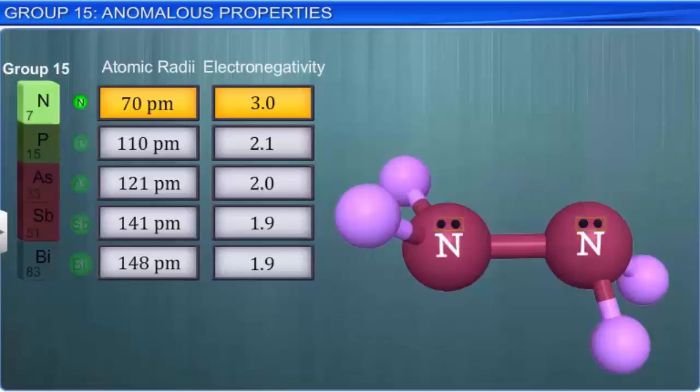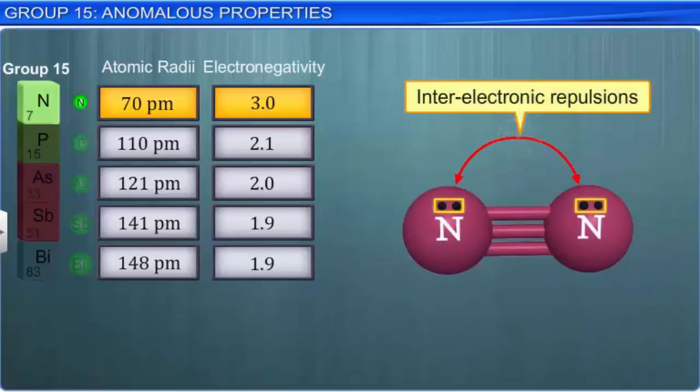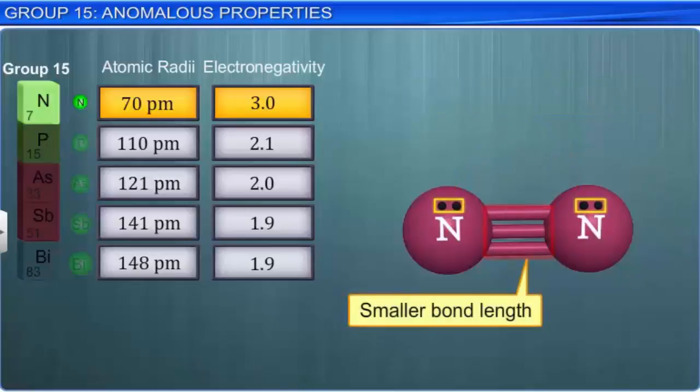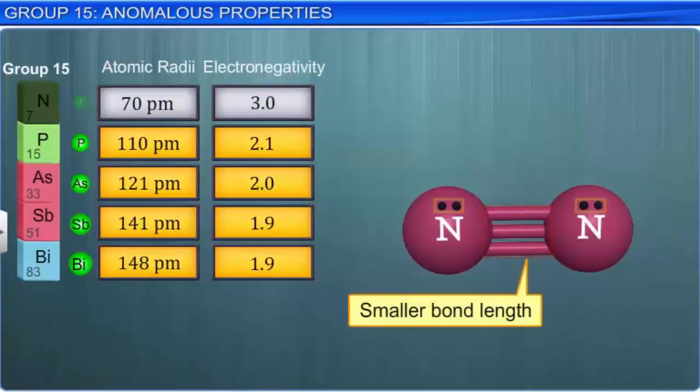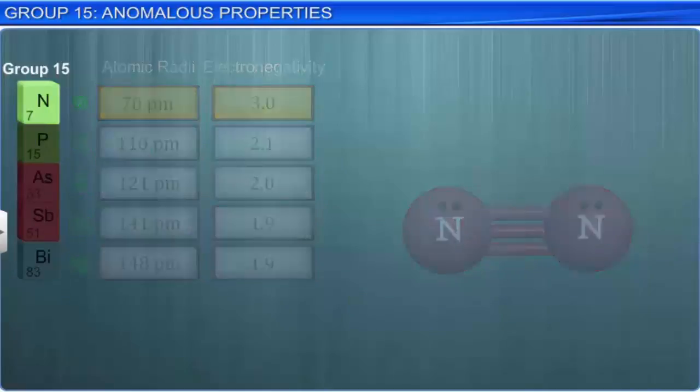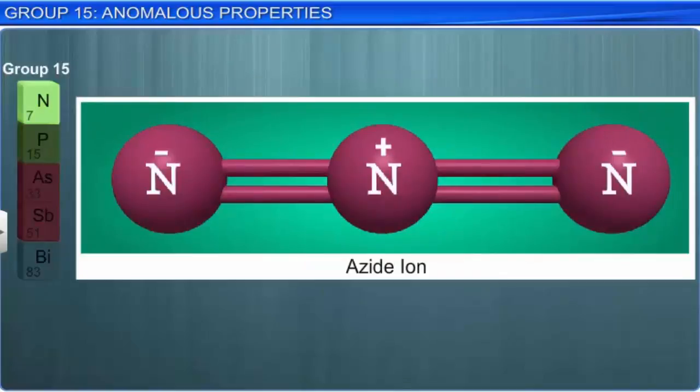The high interelectronic repulsions in dinitrogen are attributed to its smaller bond length or small size of nitrogen atoms. The maximum length of the chain observed for nitrogen is 3 in azide ion.